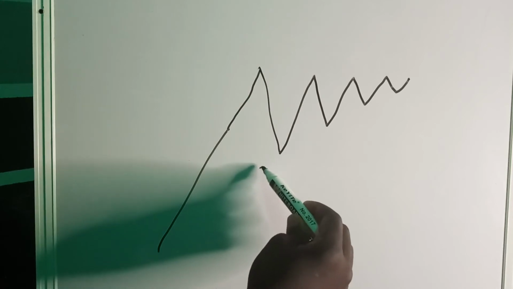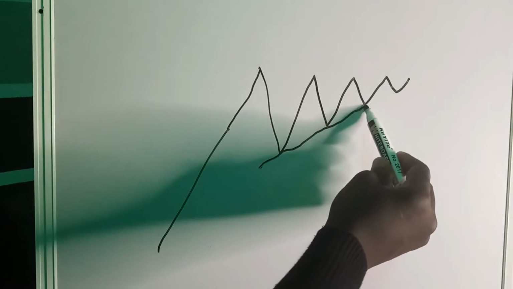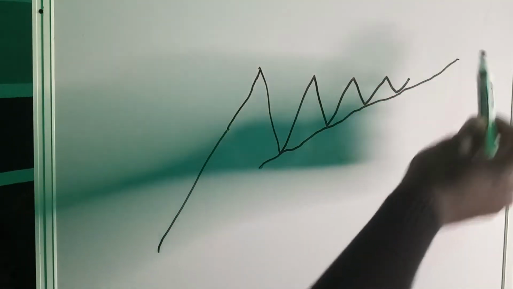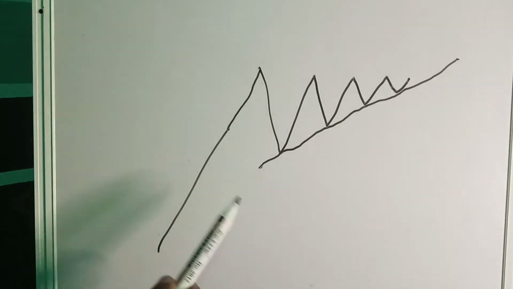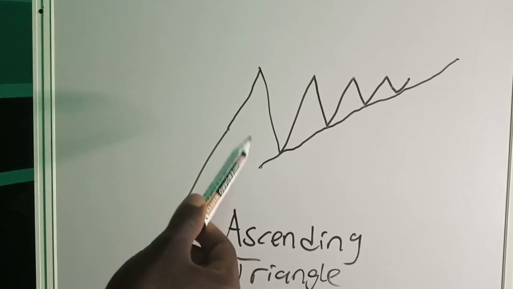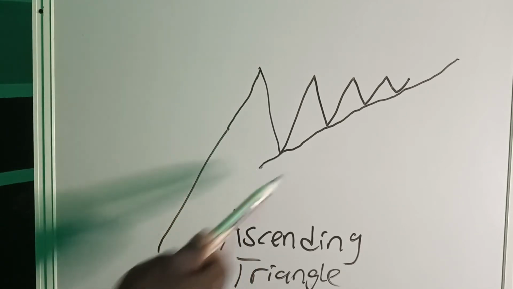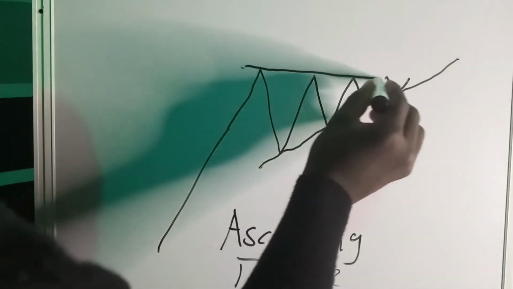Now I'll connect this pullback with this pullback with this, which you can see that the linear support is going up, it's ascending. I earlier told you that this chart pattern is formed using a linear support. You connect this with this with this with this.